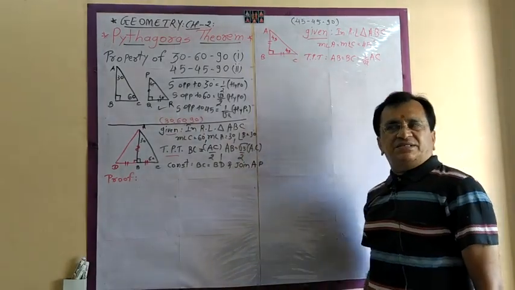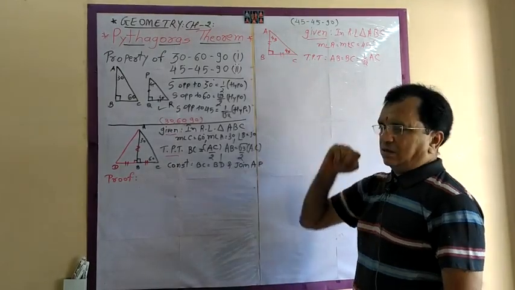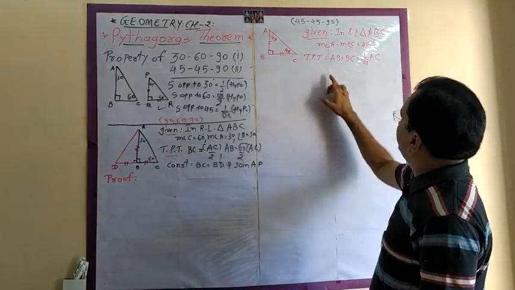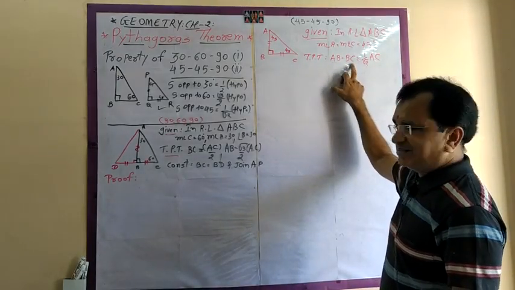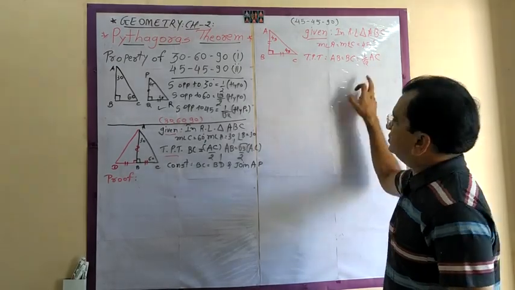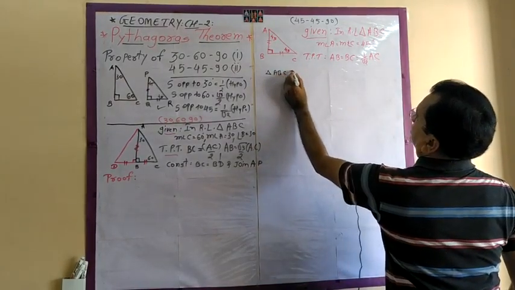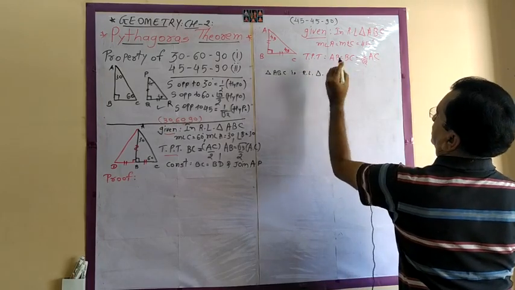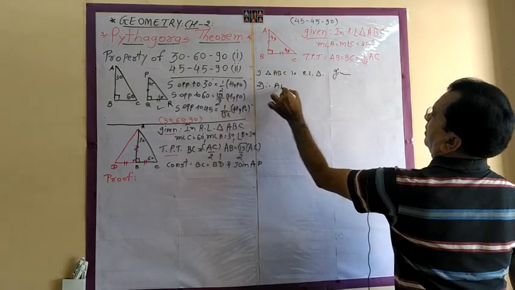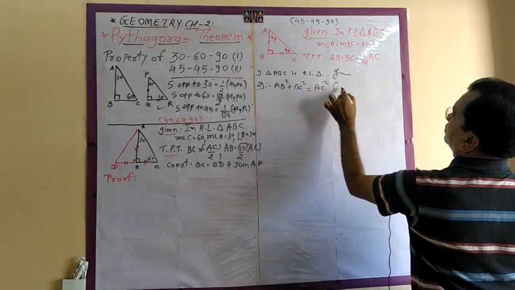In right angle triangle ABC, AB is equal to BC. Both are equal because isosceles triangle, measuring angle A, measuring angle C are 45 45. Now we will prove AB or BC is equal to 1 by root 2 of hypotenuse, that is AC, the longest side. So triangle ABC is right angle triangle given. Therefore, by Pythagoras theorem, AB square plus BC square is equal to AC square.